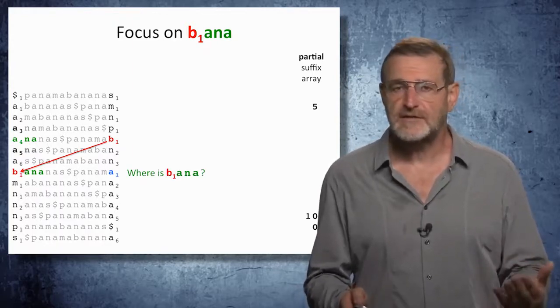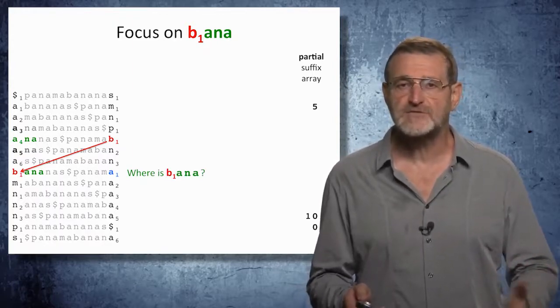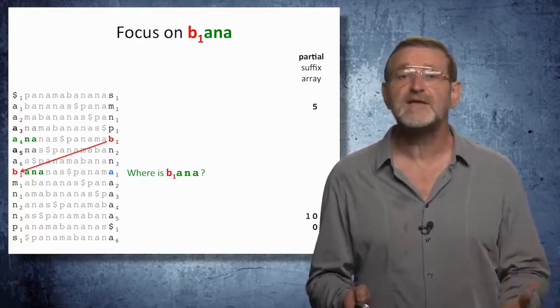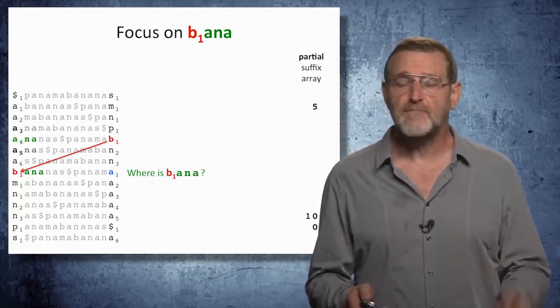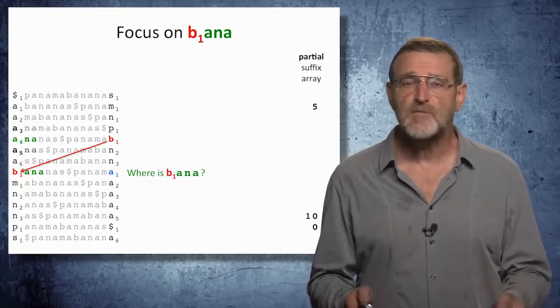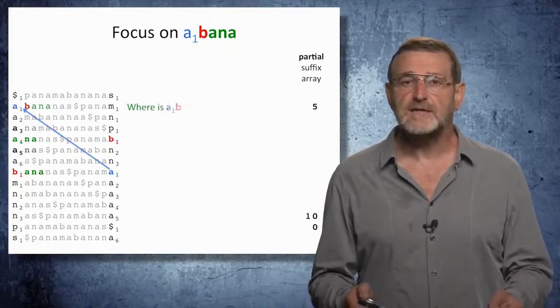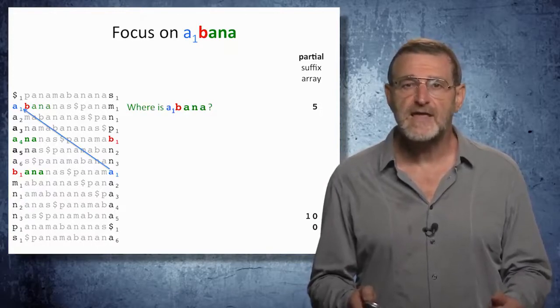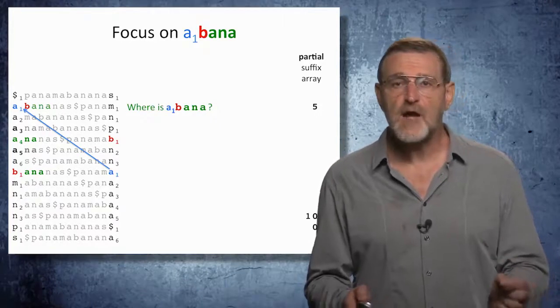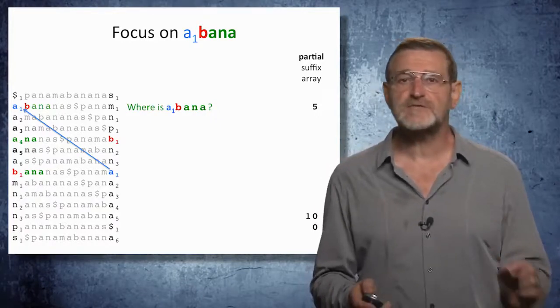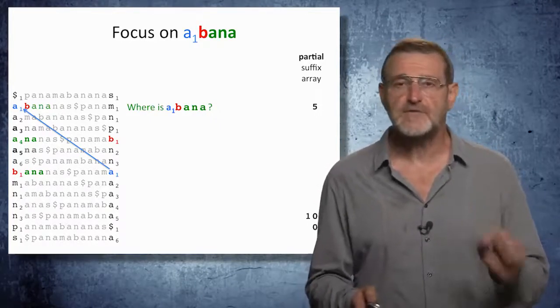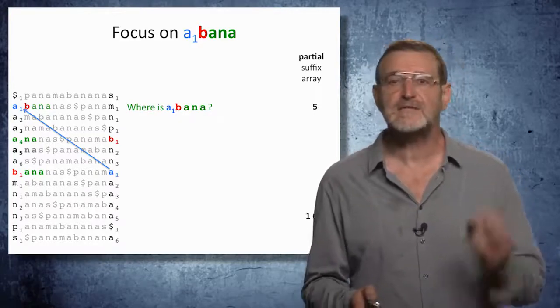Once again, we don't know how to answer this question because there is no corresponding element in the partial suffix array. But using the first-last property, we can ask a different question. Where does the string A1, B, A, and A appear? Now we can answer this question because in this case, the element of the partial suffix array is present.